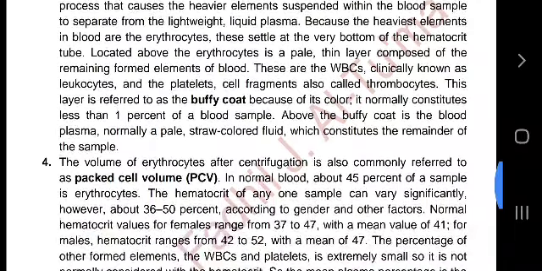The volume of the erythrocytes after centrifugation is also commonly referred to as packed cell volume, PCV. In normal blood, about 45% of a sample is RBC. The hematocrit of any one sample can vary significantly between 36 to 50% according to gender and other factors.